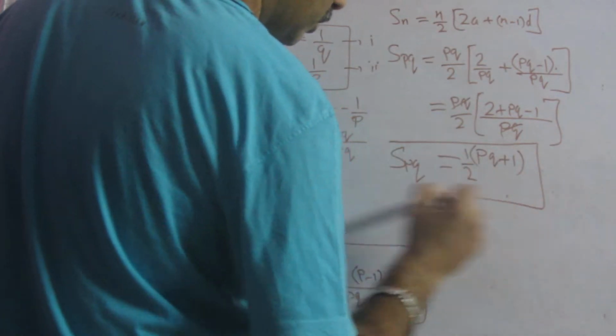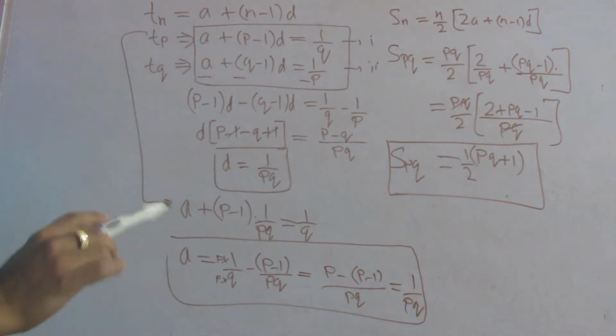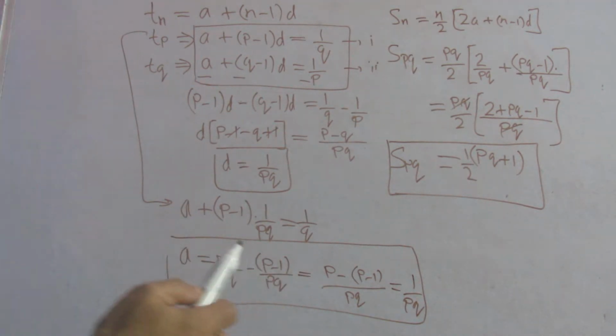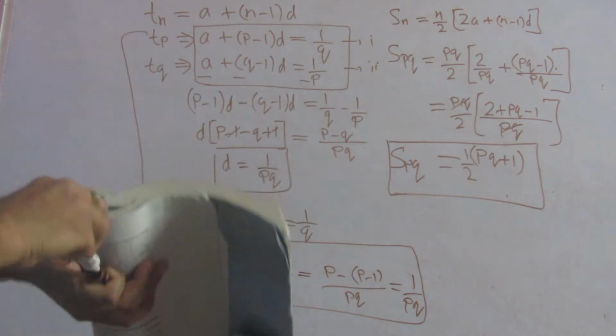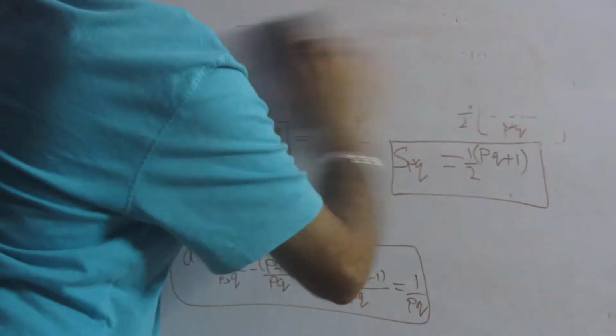Okay, so that is what we were supposed to prove. So this is how we do questions like this. Go through the question, and after you have gone through it, do it yourself so that you remember the trick of solving it. Now we will go to the next question from the same exercise.